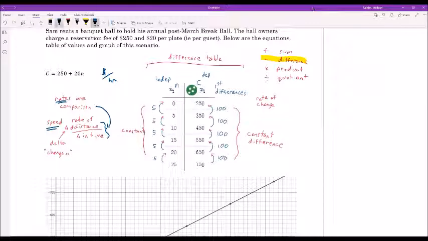And so here we're talking about the rate of change of cost. The rate of change of cost, in this scenario, is the change in cost divided by the change in number of guests.